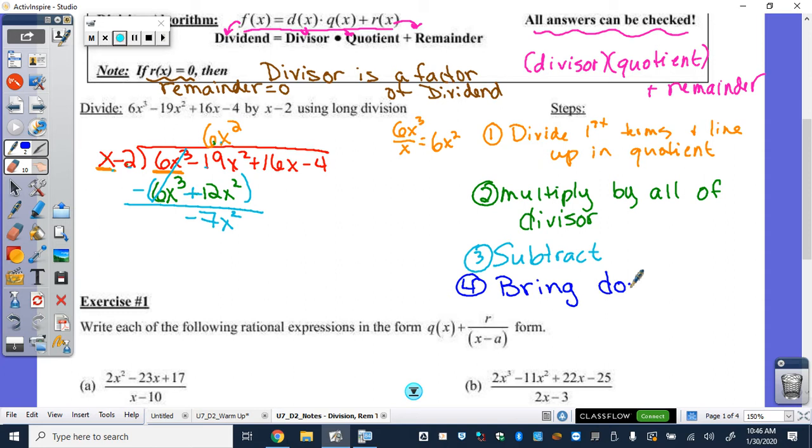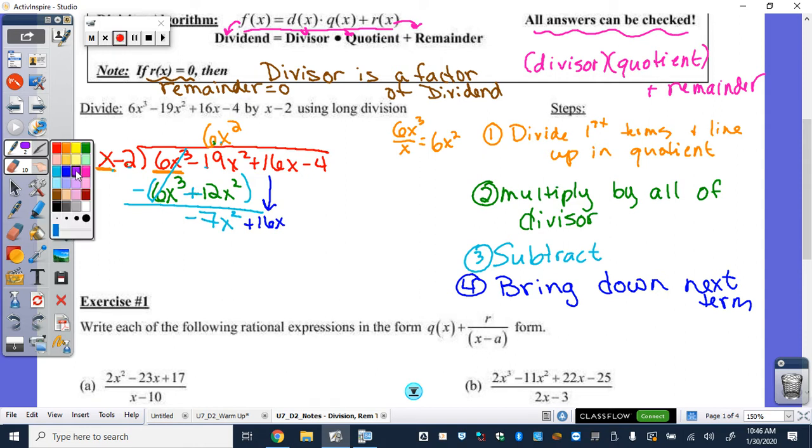Step 4, you're going to bring down your next term. My next term would be that 16x, so I'm going to bring that down. So I now have negative 7x squared plus 16x. And then we end up repeating that process again.